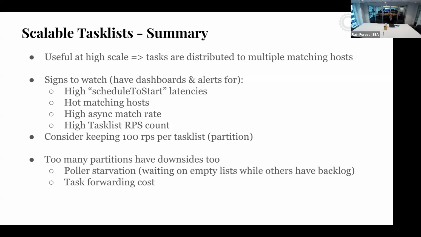Otherwise, we do long polling. When your request goes to an empty partition, it will wait there for about 10 seconds. That means your poller might be waiting on an empty partition while other partitions have backlog and have tasks waiting to be picked up. And then there is a task forwarding cost.